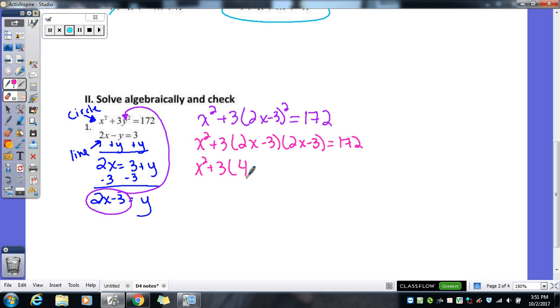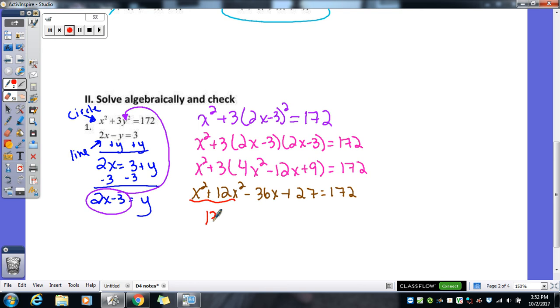So that's going to give me 4x squared, -6, -12x, plus a 9. So then distributing my 3, I get 12x squared minus 36x plus 27 equals 172.